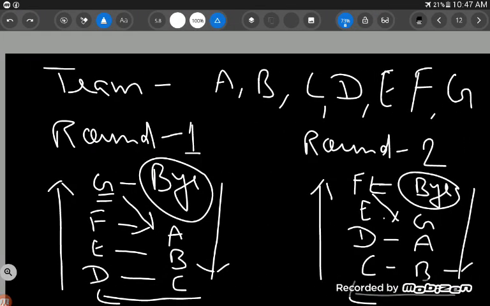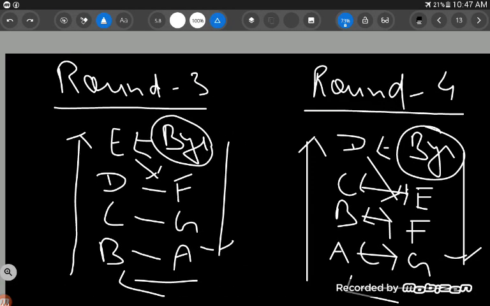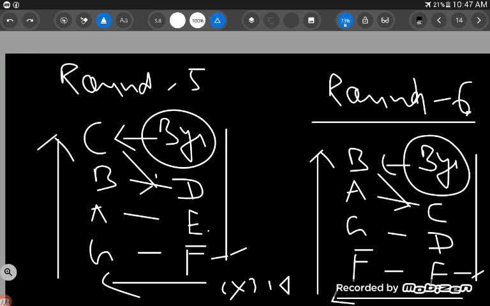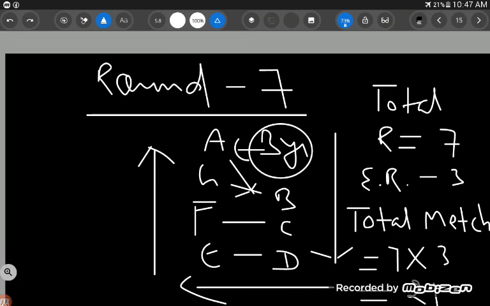Round 1, round 2, round 3, round 4, round 5 and round 6, round 7. Total rounds 7. And each round match is equal to 3. Total matches is equal to 7 multiply 3 is equal to 21, means your fixture is correct. Okay, that's all. Thank you.